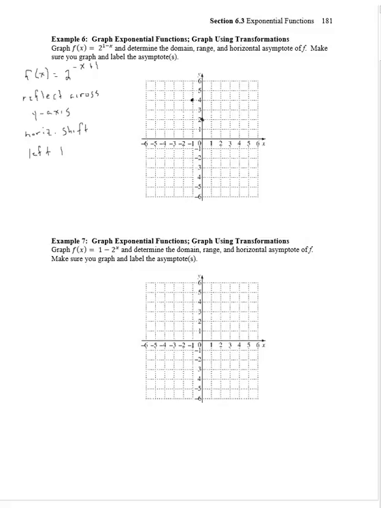If we plug in 1, we get 2 to the 0, which is 1. And if we plug in 2, we get 2 to the -1, which is 1/2. So our graph looks like this.